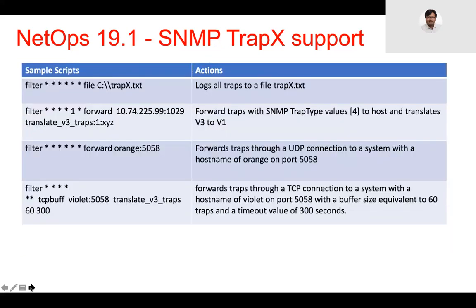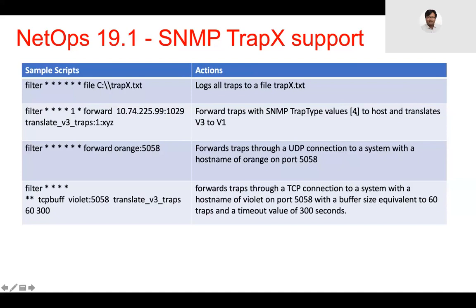So these are the sample scripts. For example, the first one: what you see here are the asterisks. These are the 6 filter types, and depending on changing the particular asterisk, you could activate a particular filter. For example, in this case, we're forwarding traps with SNMP trap value, in this case it's 1.